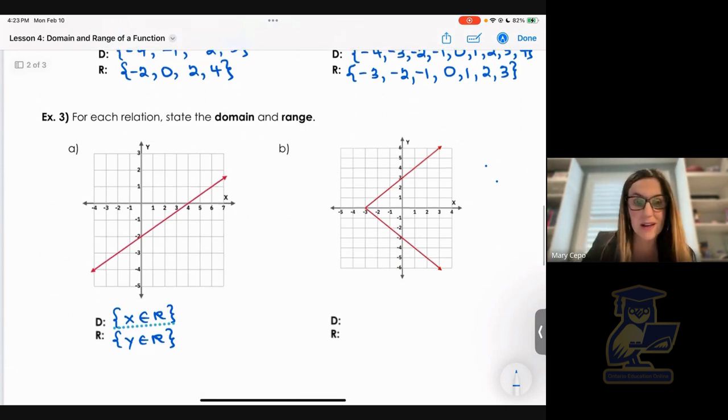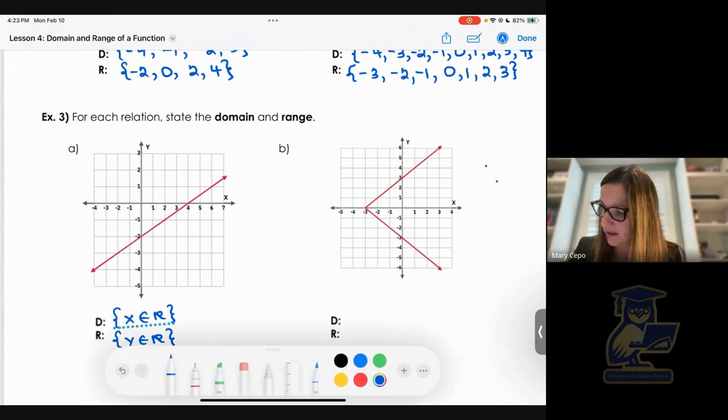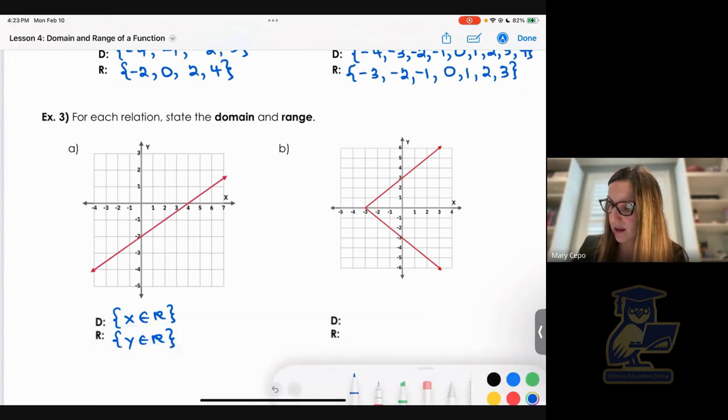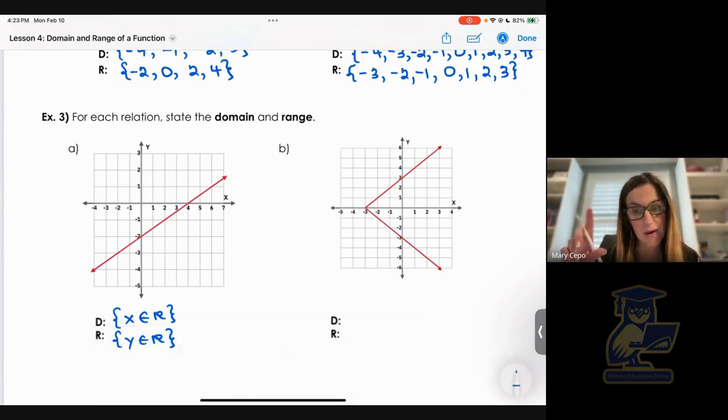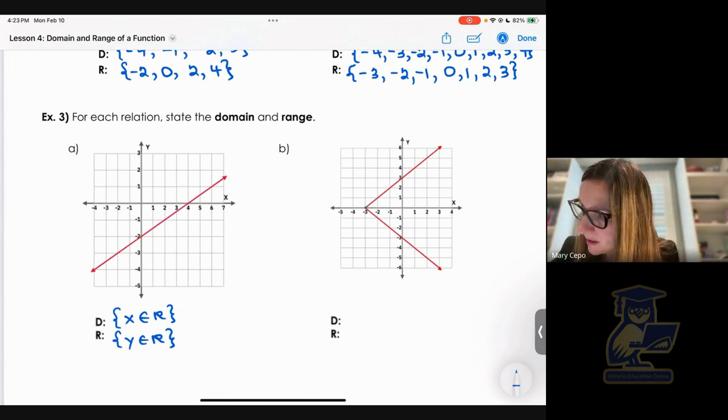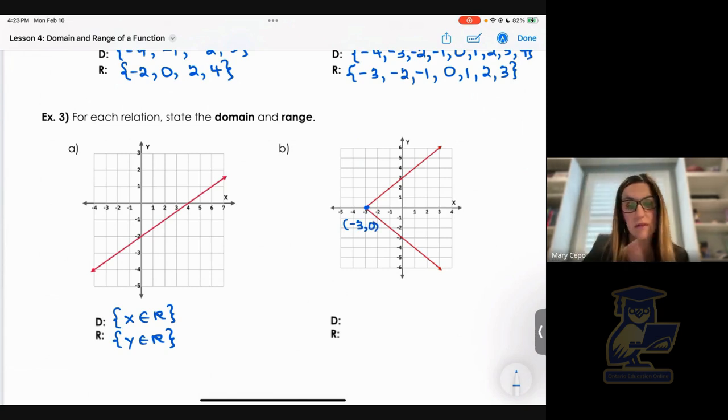Okay, looking at 3b. Here it's a little bit different. If you noticed, we have something called a restriction, meaning the arrows are opening up, but our absolute lowest value happens to be this point here. You're never going to have a value of x that's less than -3.